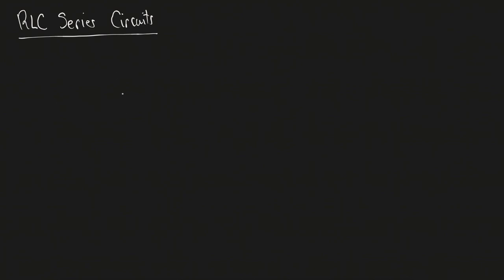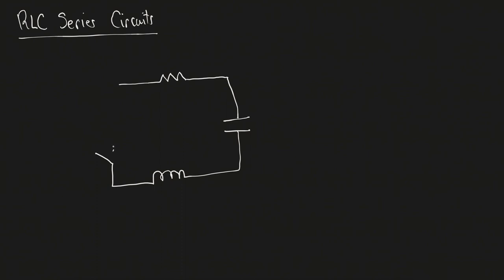So just as a quick reminder, let's draw a little schematic here. So we've got a resistor, we got our capacitor, we got our inductor. I'll just put my switch there, and then we have our voltage source, right?